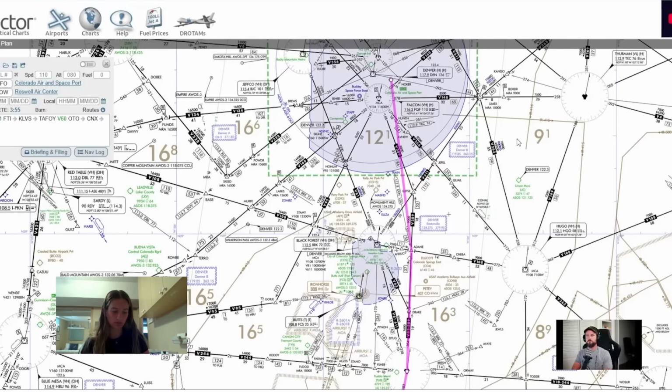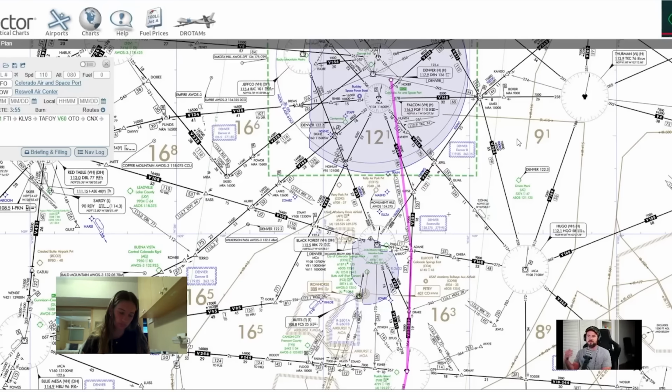Okay, so I'm cleared direct Tafoy via the Pikes 3 departure, climb 3,000, expect 7,000, frequency 123.5, squawk 1122, expect further clearance at 1805 Zulu. At what fix? At Tafoy. At Tafoy, all right. Only other thing, sorry, my mistake.